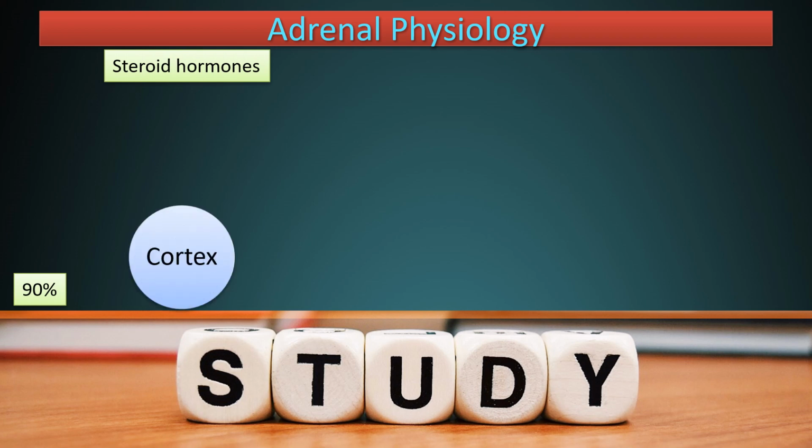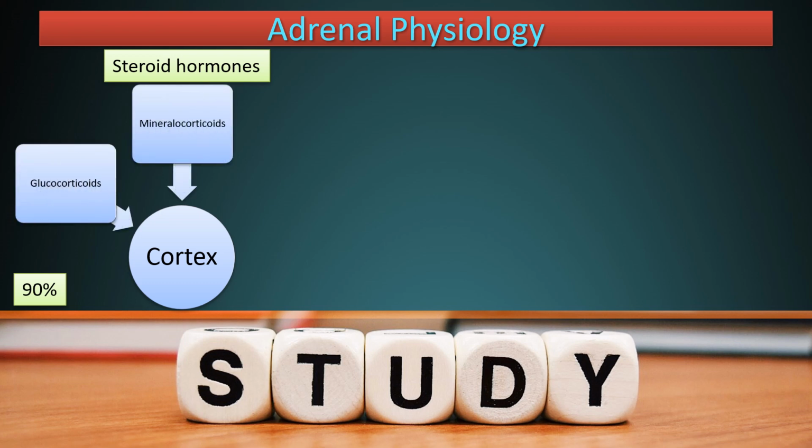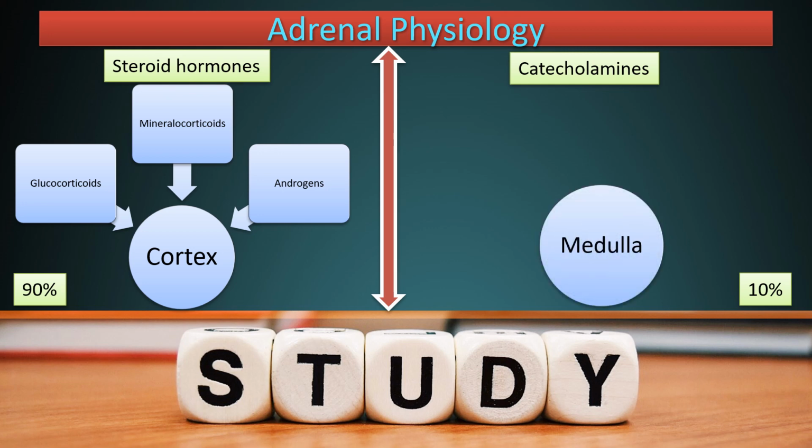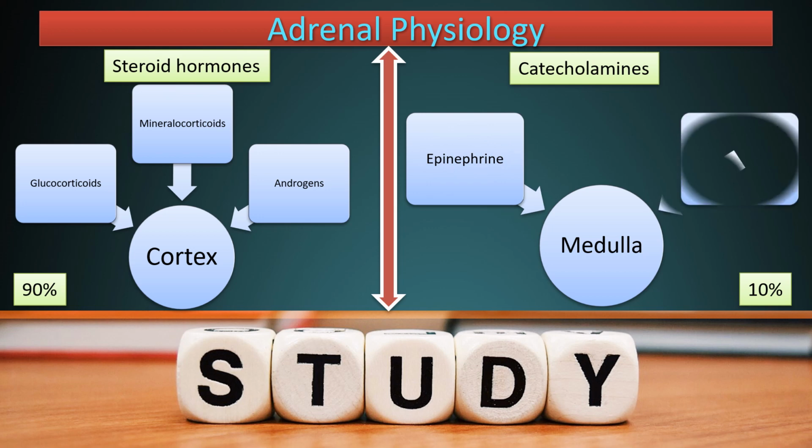These hormones are mainly three groups: glucocorticoids, mineralocorticoids, and androgen hormones. While the medulla, which represents about 10% of the gland, secretes mainly catecholamines, which are formed in two main categories, epinephrine and norepinephrine.